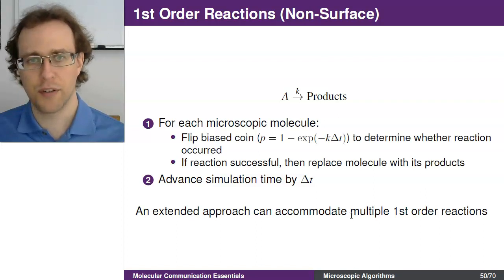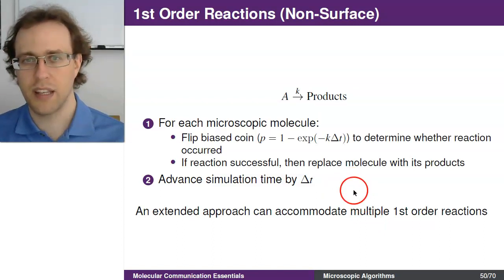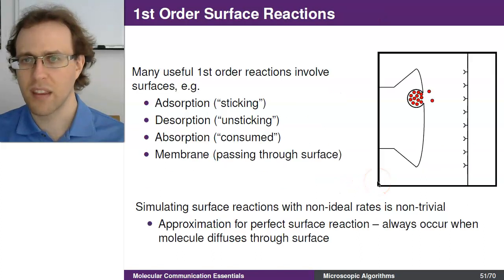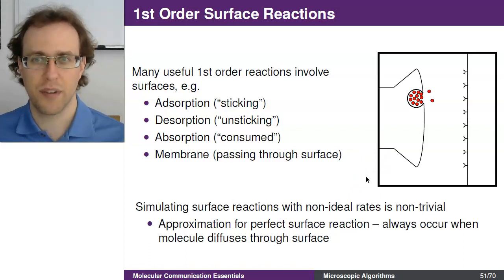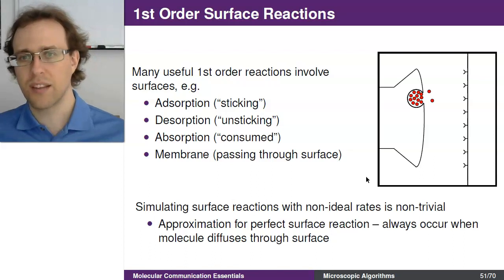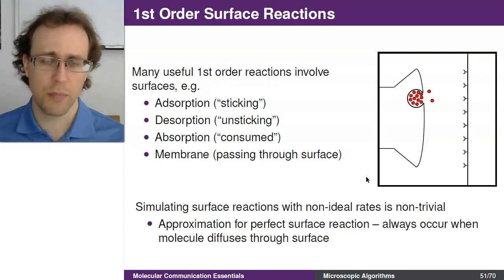But if you want more information on this particular implementation or any of the others for these microscopic simulations, you can refer to the Accord simulator paper that I mentioned at the beginning of the talk. For surface reactions, just to briefly give you a list of some useful first order reactions that involve surfaces. These can include adsorption, which is a kind of sticking, and desorption, which is unsticking.